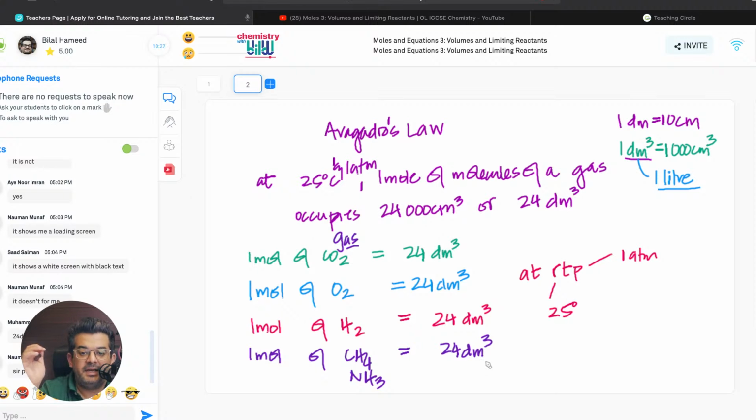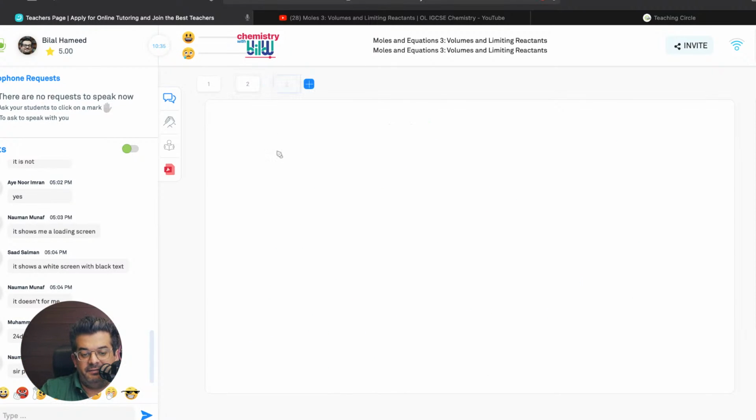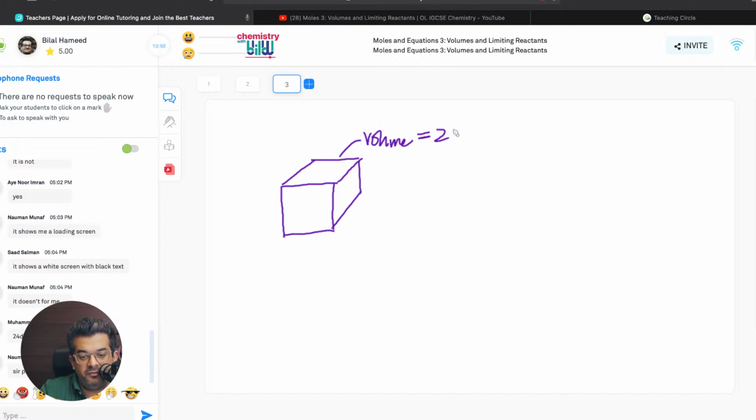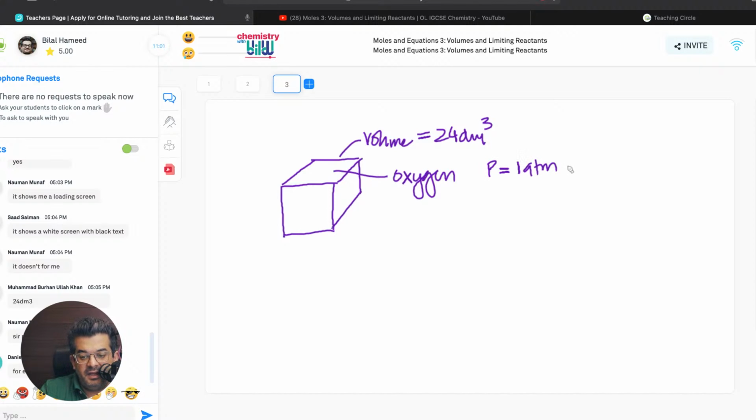So tomorrow, if I say I have a container, and I tell you that this container's volume is 24 dm³, and I fill it up with oxygen, and inside the container the pressure is 1 atmosphere, and the temperature I have measured is 25 degrees centigrade, also known as 298 Kelvin.